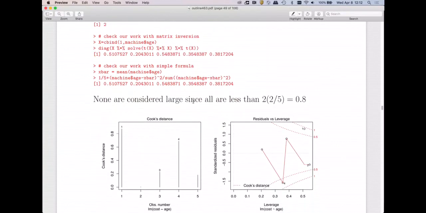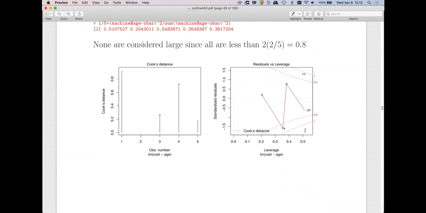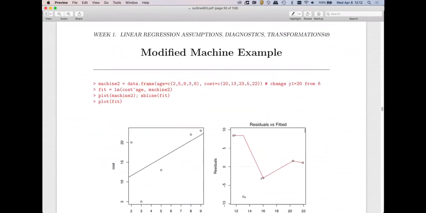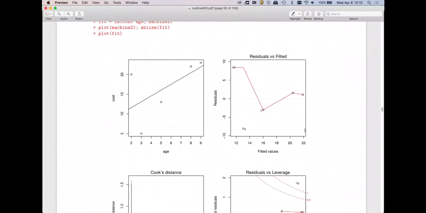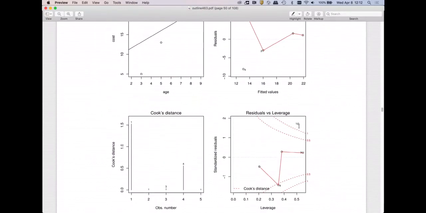That shows up here where my Cook's distance plot shows a value that has a Cook's distance near 1. That would be labeled as an influential case. Actually, this example is where I've modified it to make it even more influential so that it's beyond 1.